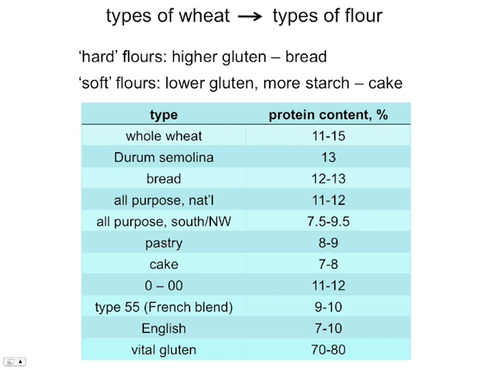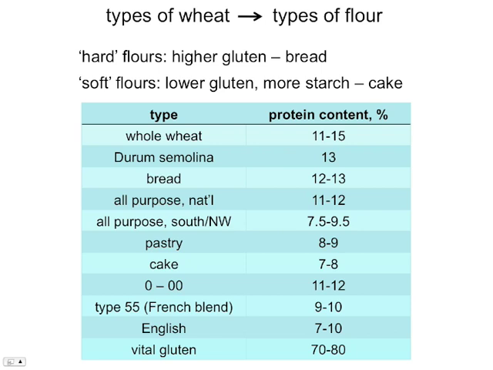So on the left here, I'm showing you a variety of different kinds of flour. Some of these are obviously derived from a particular kind of wheat grain. Others it's less clear. The protein content is what I want to focus on. Whole wheat flour, 11 to 15% gluten, which is relatively high.